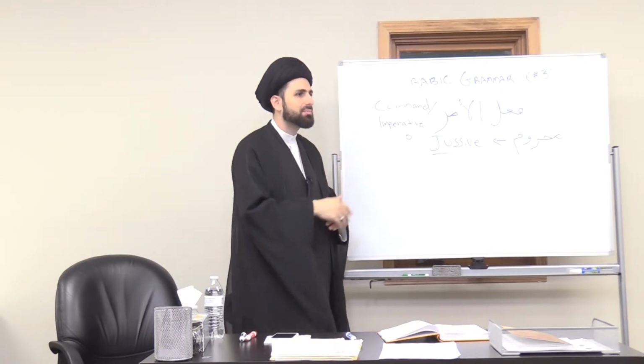Ijlis, udrus, ishrab, kul, eat, nam, sleep. You see? There is no vowel at the end. So this is one of the alamat, one of the signs of an imperative, of fi'l al-amr, of a verb that indicates a command.